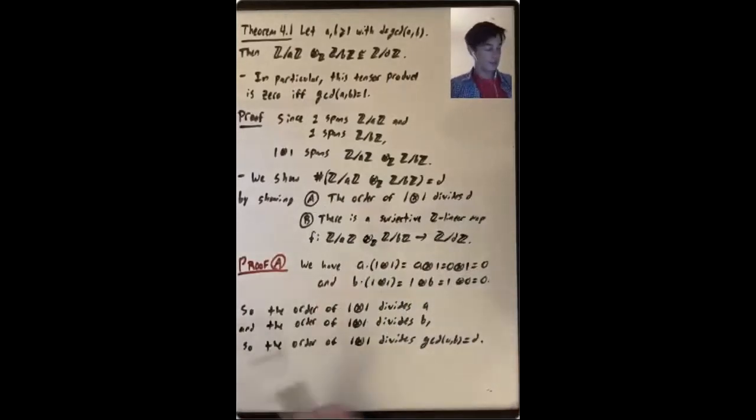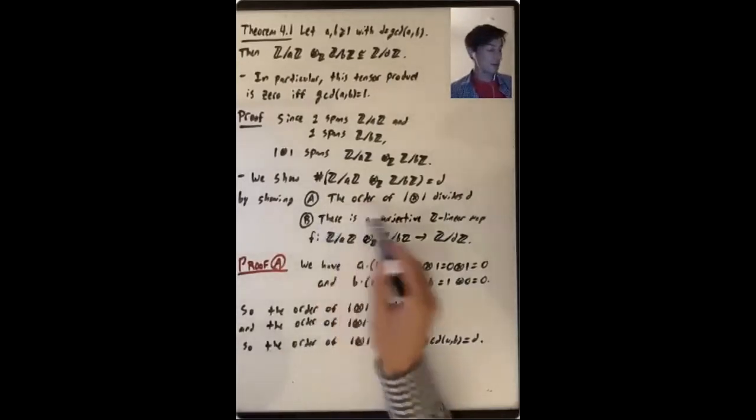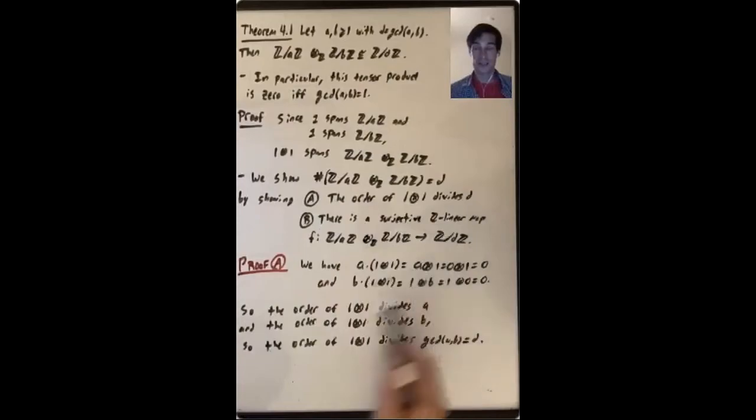So what are we seeing? The order of 1 tensor 1 divides A, and the order of 1 tensor 1 divides B. So the order is a divisor of A and a divisor of B, so it divides the greatest common divisor, D, of A and B.